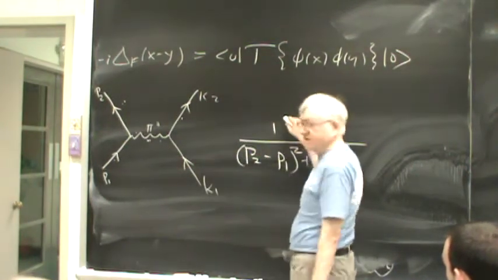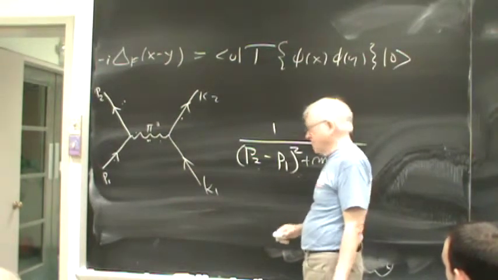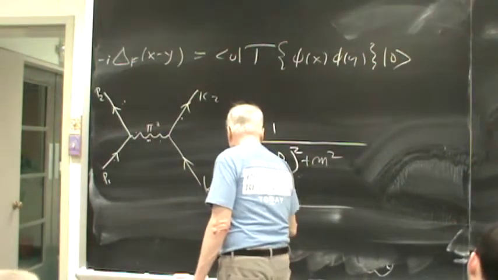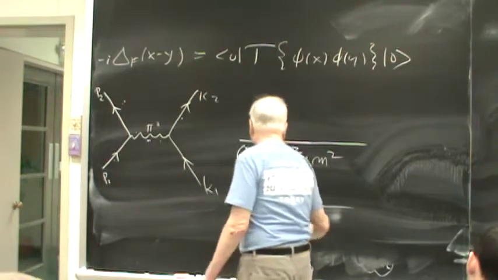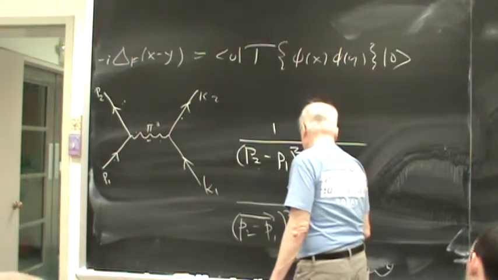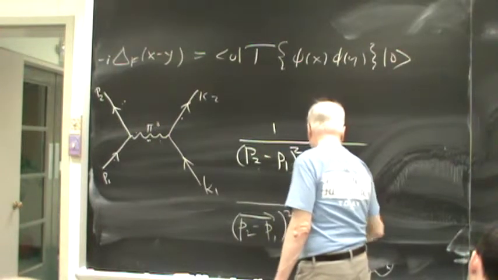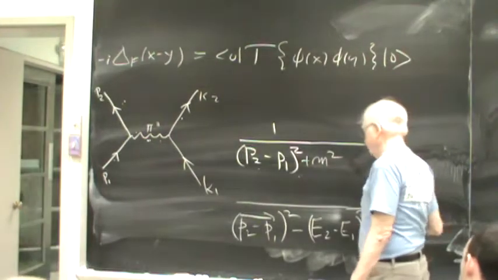And then there's a constant up here. And these are the four momenta here. So literally this is the 3-vector (P2 minus P1) squared minus (E2 minus E1) squared plus m squared.